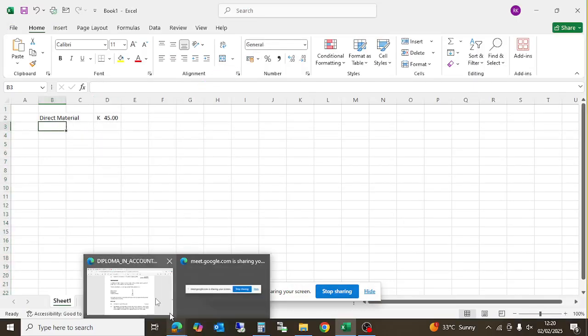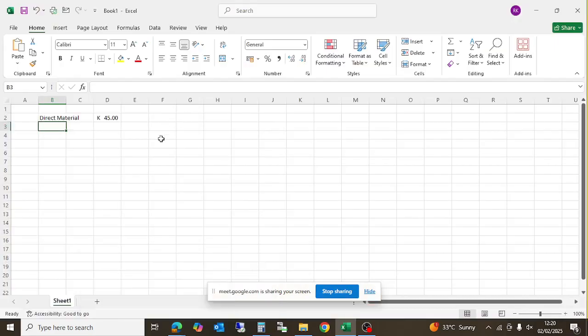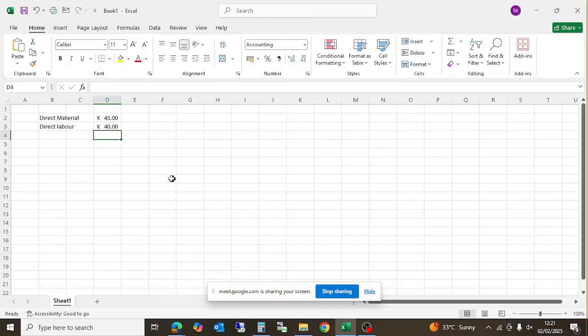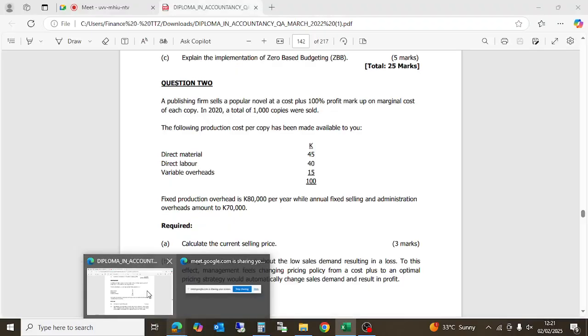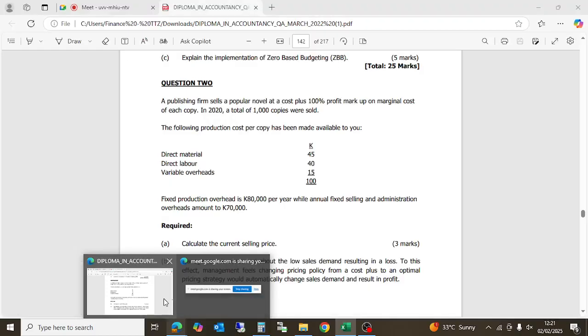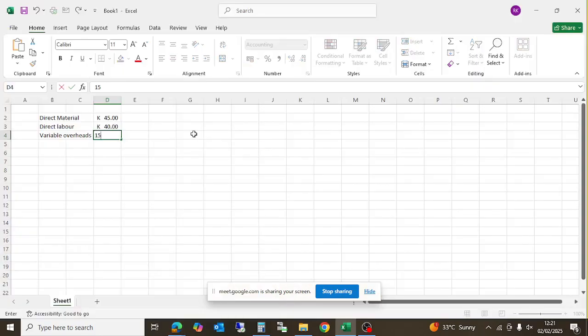Direct material, and then we also have direct labor, which is 40, and then we have variable overheads. These are all variable costs, by the way, or simply marginal costs. So 15 kwacha, we put our 15 kwacha right here. What I'll do is sum them up to get our total marginal cost.